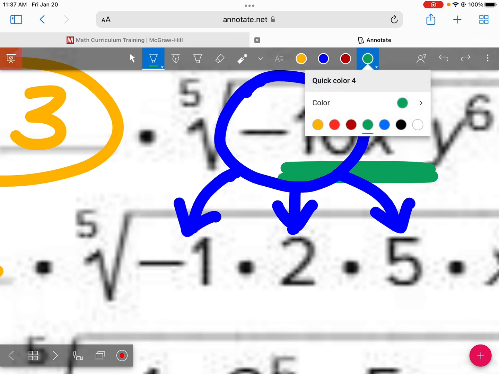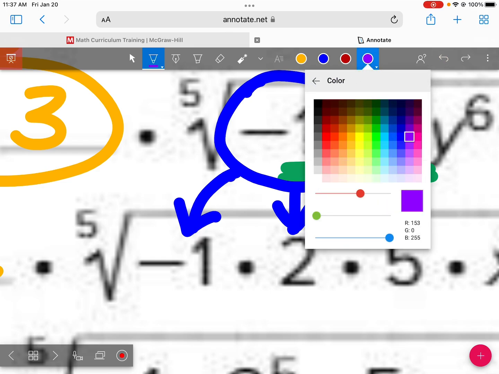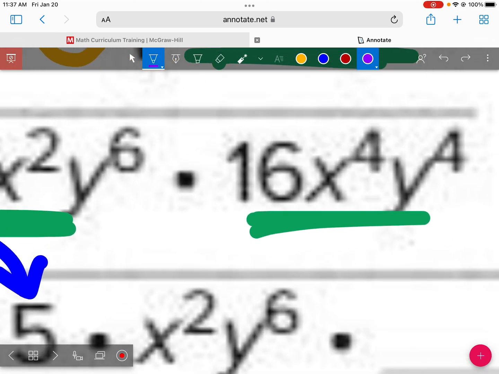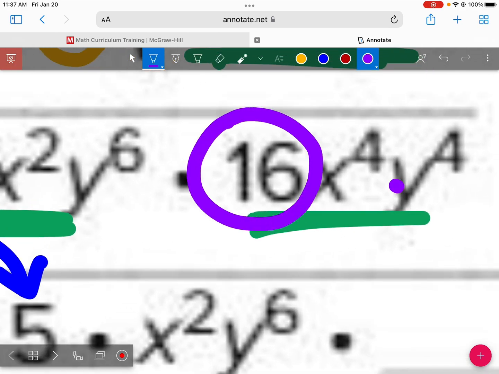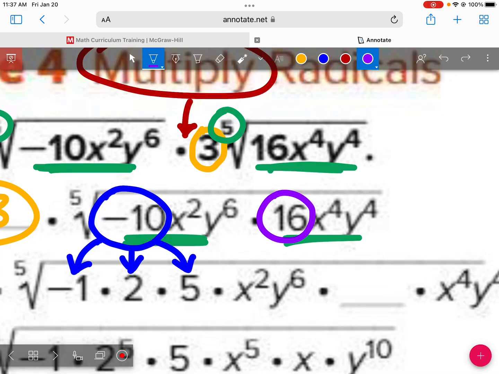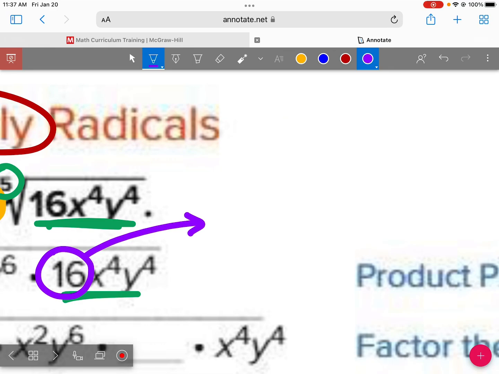Let's take the 16 and see if we can break that one down, because they didn't break that one down for us yet. Let's break it down as far as we can. What numbers multiply to give you 16? 4 and 4. Is that broken down as far as we can get it? 4 squared, we could write it as 4 squared.